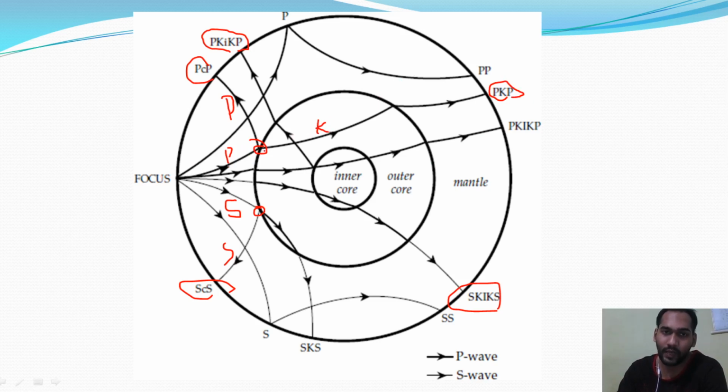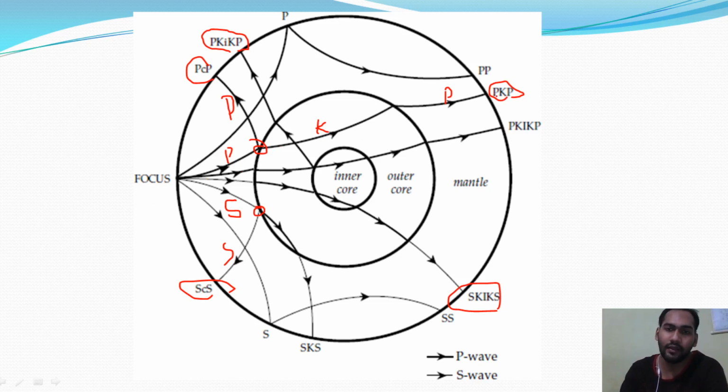K means it is P wave traveling in the outer core. Then again it goes out to the mantle as P wave, so the name is PKP. From the name PKP, we can know that it traveled through mantle, then outer core, and then mantle as P wave.